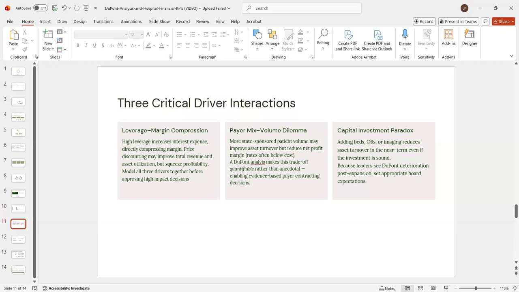But there are a few things that you have to remember, because if you manage each of those components of the DuPont equation in silos, there is a risk that those kinds of choices can create unintended consequences. Because remember that the DuPont equation is multiplicative, right? A weakness in any single driver compounds across others as well.